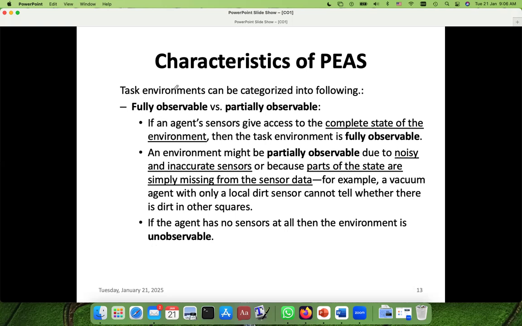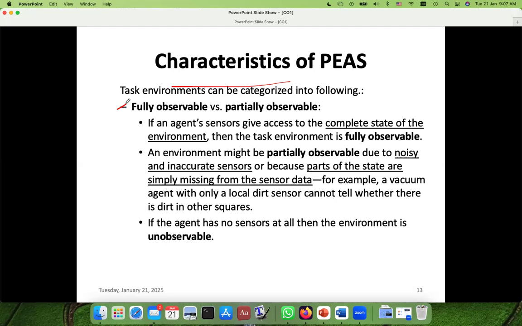So, our environment can be in any category. Here, first one is fully observable versus partially observable. This is the first CLO, so that's why it is something more theoretical. But from CLO2, it would be more algorithmic.